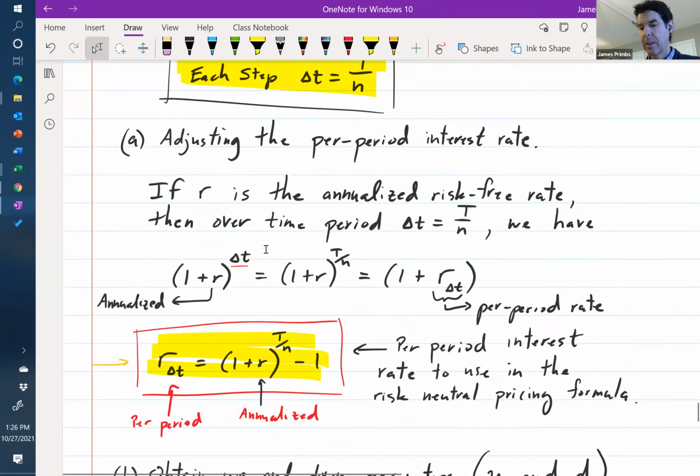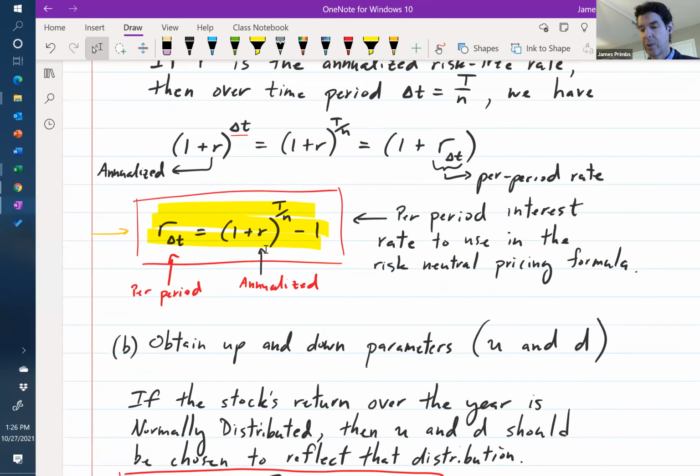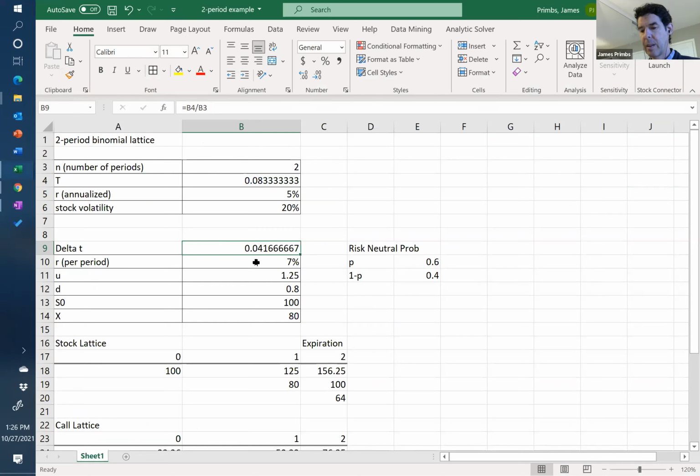Let's go to the second one. I need to calculate the per period interest rate. I'm given an annualized interest rate, and I need a per period interest rate.